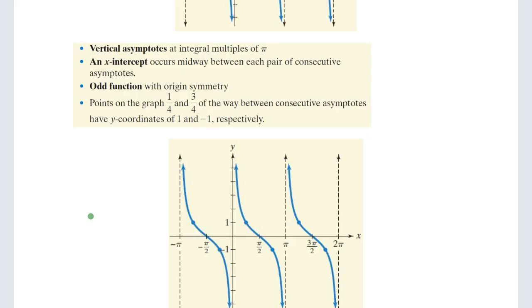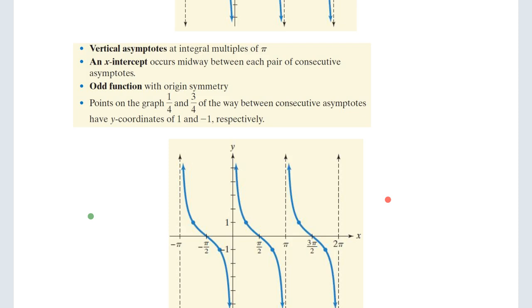And for the domain, the vertical asymptotes are located at x equals 0, x equals pi, or x equals 2 pi, so that means the multiples of pi.